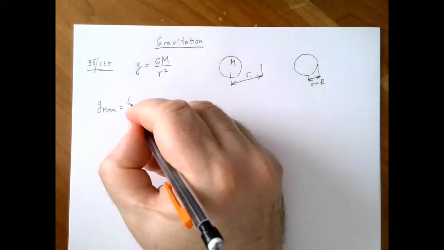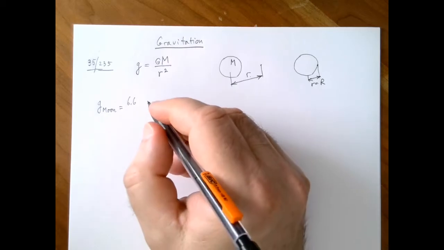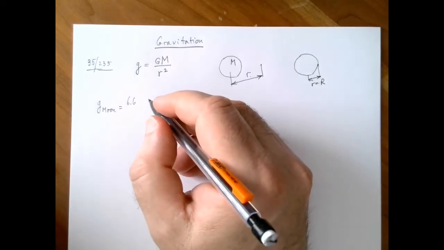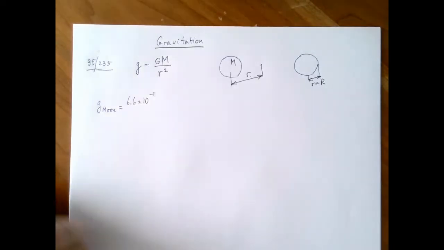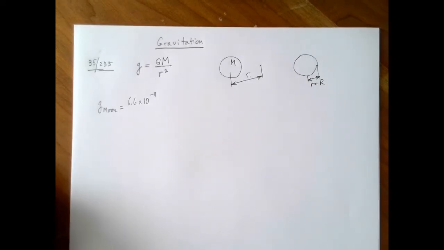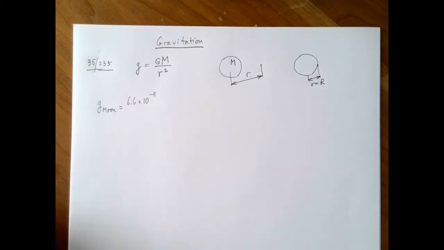So we go with 6.6 times 10 to the negative 11. That is the gravitational constant. Then we need the mass of the moon and the radius of the moon.